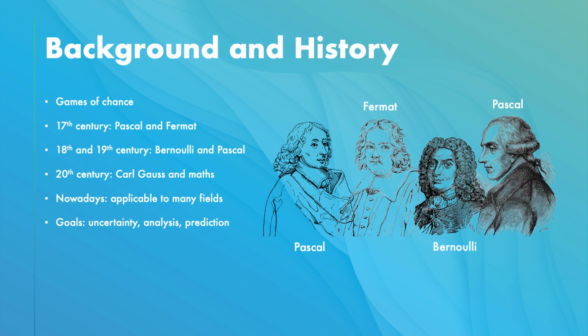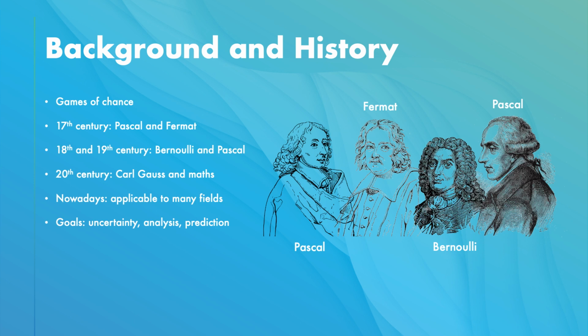and we have the Prince of Mathematics helping a lot in the 20th century, Carl Gauss, and his brilliant mathematician skills helped provide, for example, information about the normal distribution and other things that he did. Nowadays, probability theory is applicable to many fields, so it has a general applicability, and the goals are usually three.